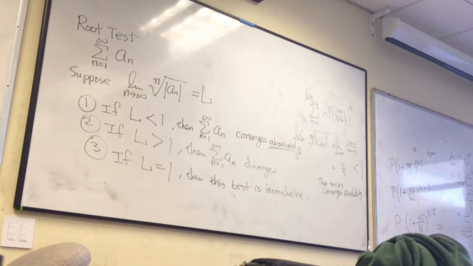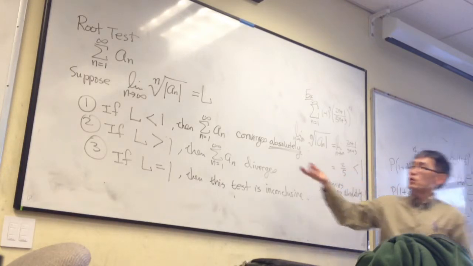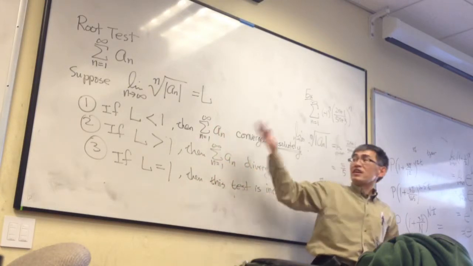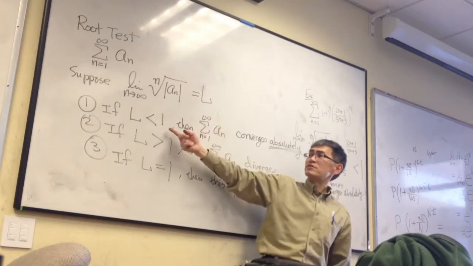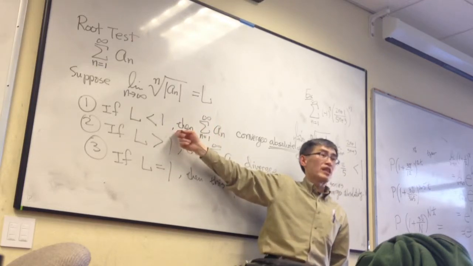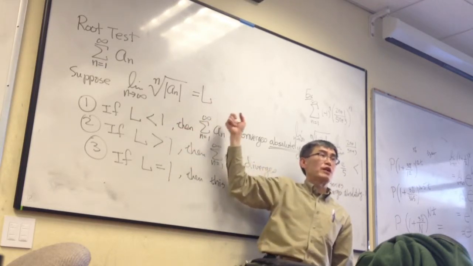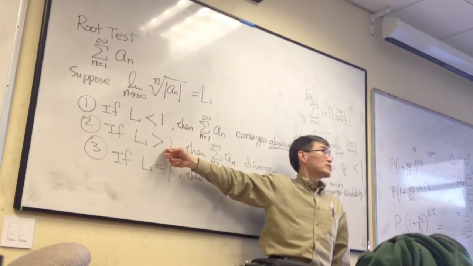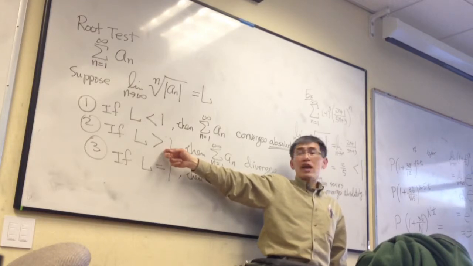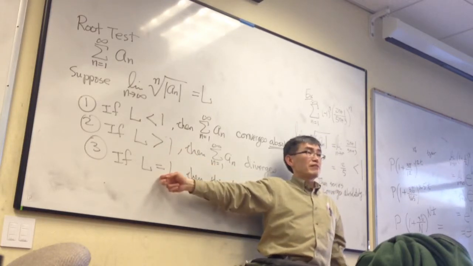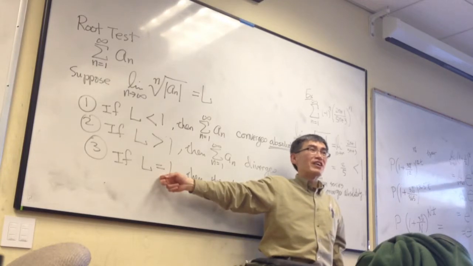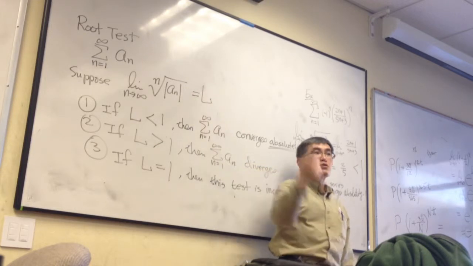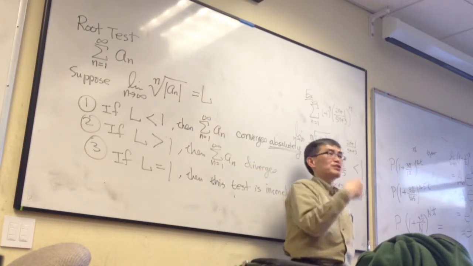No. Why? Because if you use the root test, there are only 3 possible scenarios. If it is the first scenario, then not only does the series converge, it converges absolutely. If it is this scenario, then it diverges anyway. And if it is this one, then you have nothing to say anyway. So under no circumstance would you use the root test to conclude conditional convergence. It's just impossible.